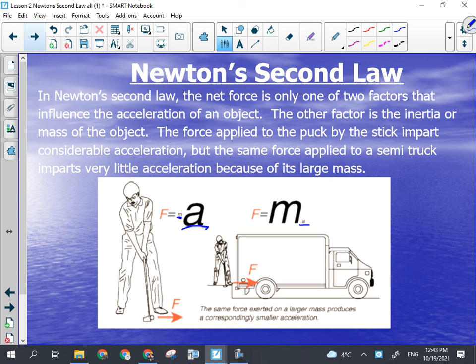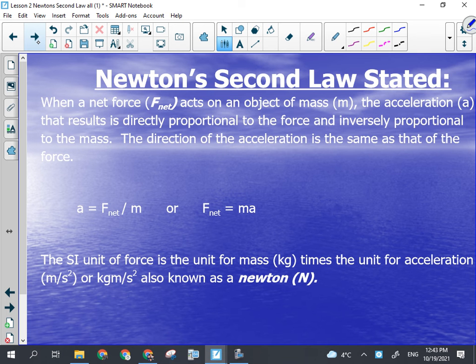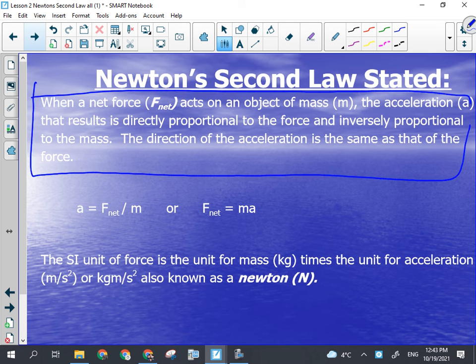All right, everybody okay with the relationship between force and acceleration and mass and acceleration? Okay, bigger the mass, smaller the acceleration. All right. So this is Newton's second law stated out. When a net force, F net, acts on an object of certain mass, m, in kilograms, the acceleration that results is directly proportional to the force and inversely proportional to the mass.